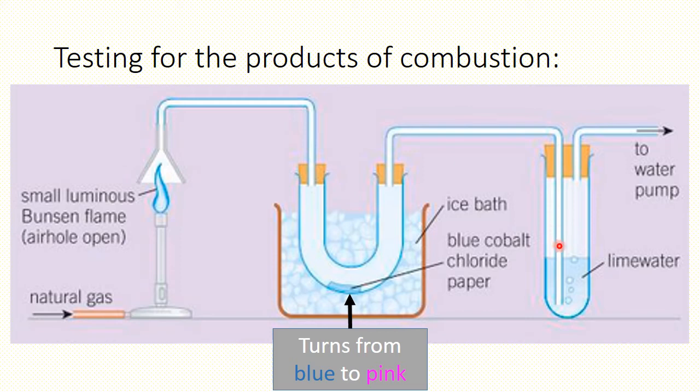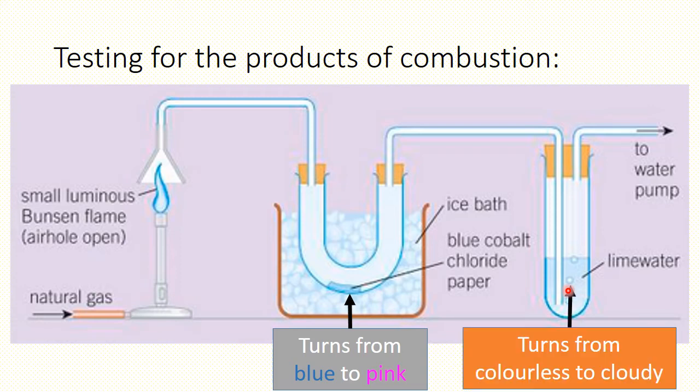It's going to bubble out through this lime water in this tube, and of course the lime water in the presence of carbon dioxide will do what? It will turn from colourless to cloudy. Colourless is really, really important here, and that's going to show us that carbon dioxide is produced.